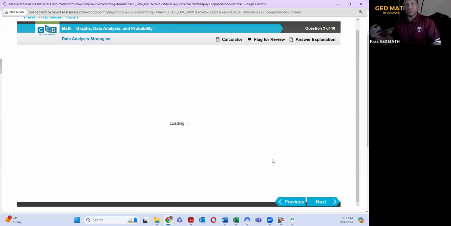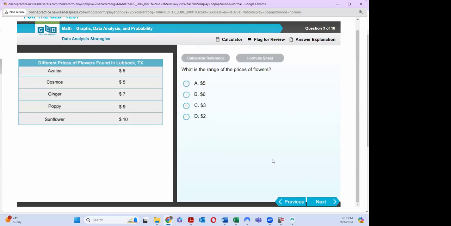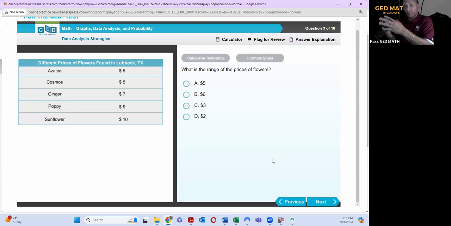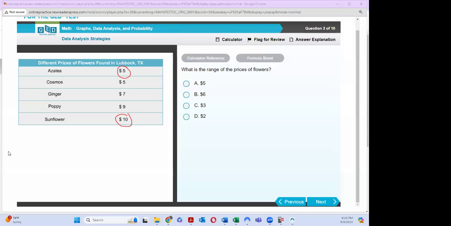A lot of times on the GED, they might give you population, they might give you these numbers to just remember. Well, mean is the average, add them up, divide by how many there are. Median is the middle, make sure they're in order first. Mode, you're probably not going to see. Range is the highest minus the lowest. So here, when they talk about range, we're just taking the highest minus the lowest. So 10 minus 5 is what? 5.